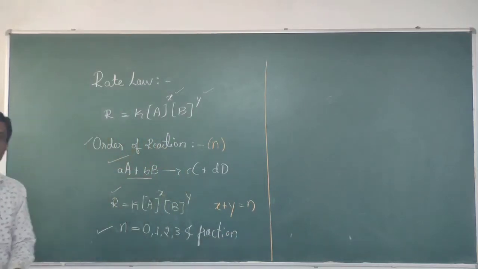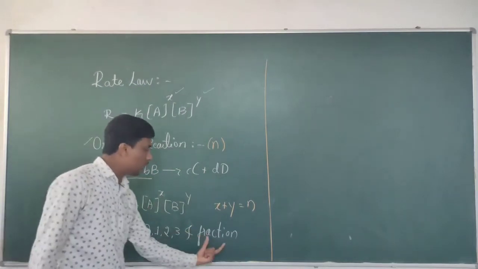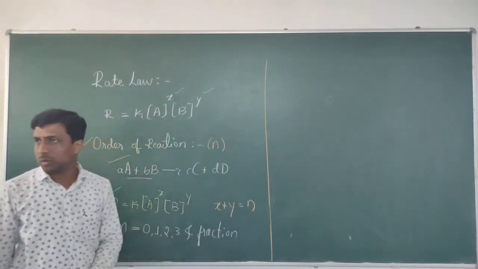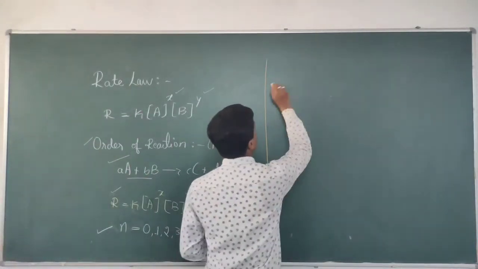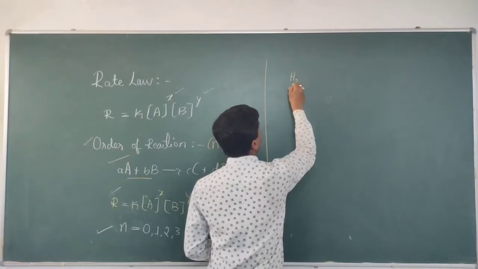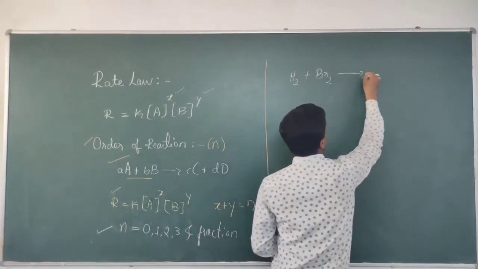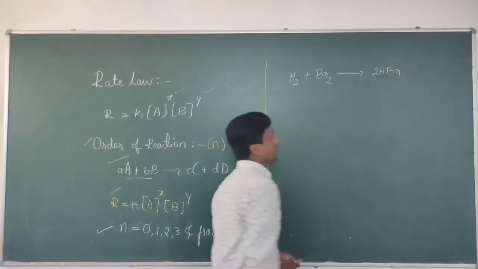Order of the reaction ಏನಾಗಿರ್ತದೆ, 0 ಇರಬಹುದು, 1, 2, 3, 4 ಏನಾದರೂ ಇರಬಹುದು ಮತ್ತು ಅದು ಫ್ರಾಕ್ಷನ್ ಅಂತ ಬರ್ತದೆ. ನಿಮ್ಮ ಮುಂದೆ ನೋಡ್ತಾ ಹೋದಾಗ ಗೊತ್ತಾಗ್ತದೆ. ಓಕೆ, ಹೇಗಂದ್ರೆ ಒಂದು ಎಕ್ಸಾಂಪಲ್ ಕೊಡ್ತೇನೆ ನಿಮಗೆ, ಫ್ರಾಕ್ಷನ್ ಒಳಗೆ ಹೆಂಗೆ ಬರ್ತದೆ ಅಂತ ಹೇಳಿ. ಹೈಡ್ರೋಜನ್ ಪ್ಲಸ್ ಬ್ರೋಮಿನ್ reacts to form hydrogen bromide.